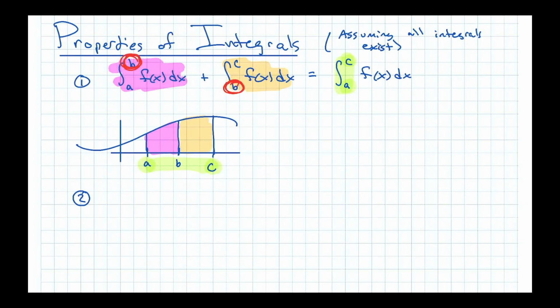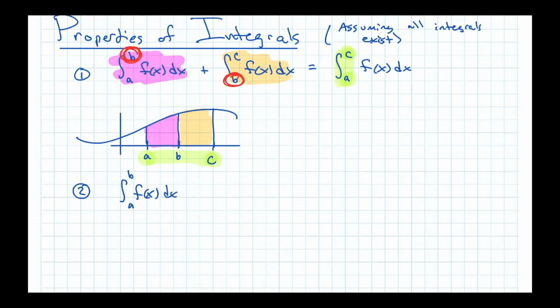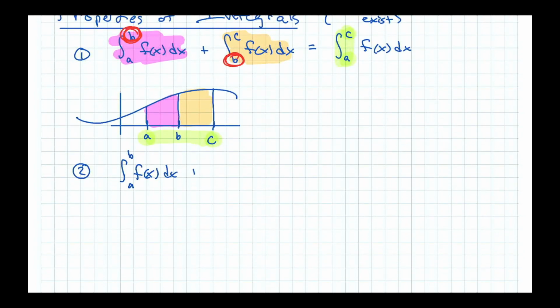All right, next rule. So another rule, if you have an integral from A to B of f of x plus g of x dx, then that is equal to the integral from A to B of f of x dx plus the integral from A to B of g of x dx. Sorry, there's no B and no C, I misspoke.